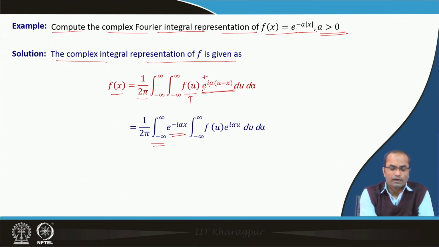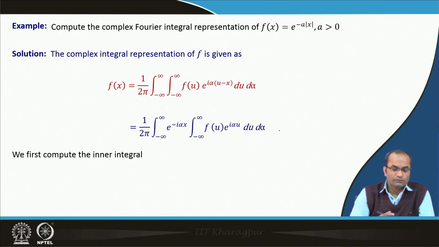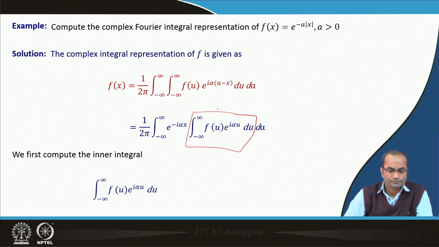So, e power i alpha x we can take out, then this inner integral is over u. So, we have f(u) and e power i alpha u, and then the outer integral over alpha. Now, we can compute this inner integral first, and then we can put that value here, and that will be the complex Fourier integral representation of f.